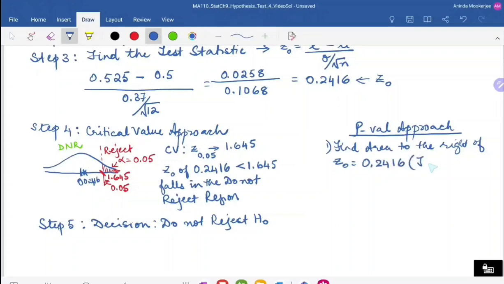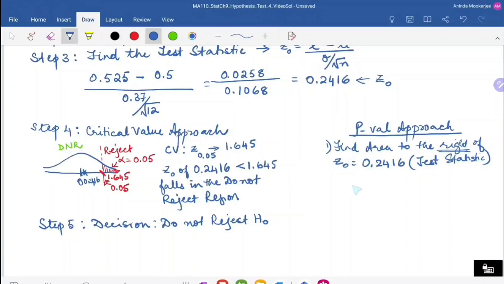Now, why do we find the area to the right? Because it is a right tail test. So the tail type of the test determines whether we find the area to the right or to the left for the p-value approach.